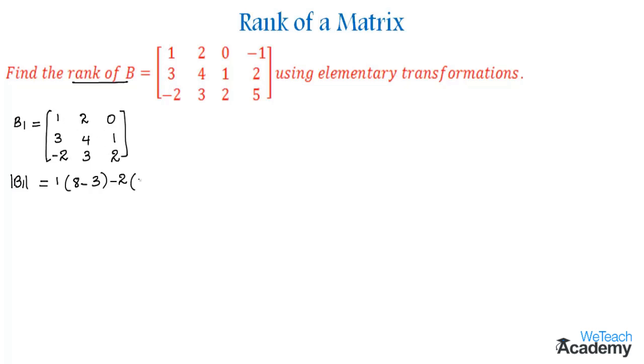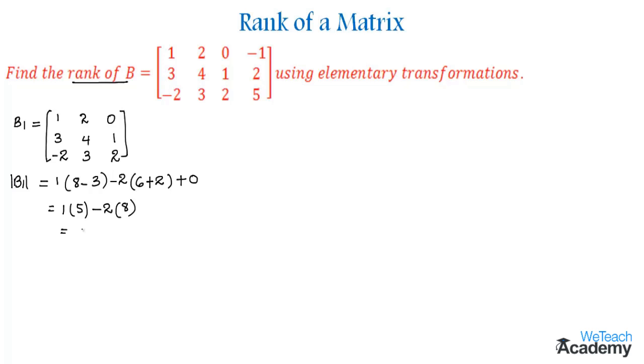And now finding determinant of that matrix, we get 3 into 2, which is 6, minus of minus 2 into 1, which will be plus 2. Then plus of 0 into something is again 0. So by performing the operations, we get 1 into 8 minus 3, which is 5, minus of 2 into 6 plus 2, which is 8.